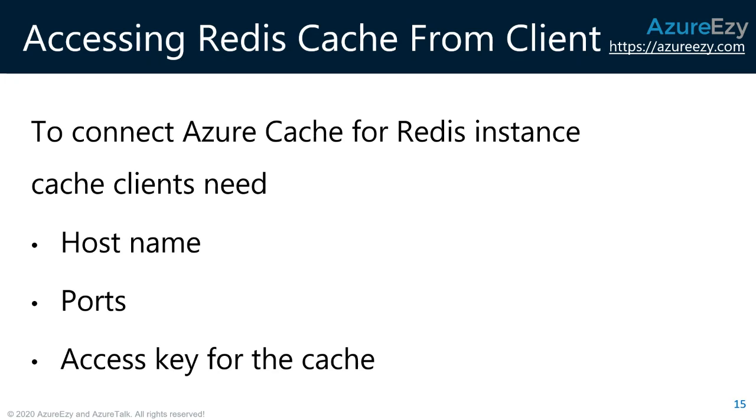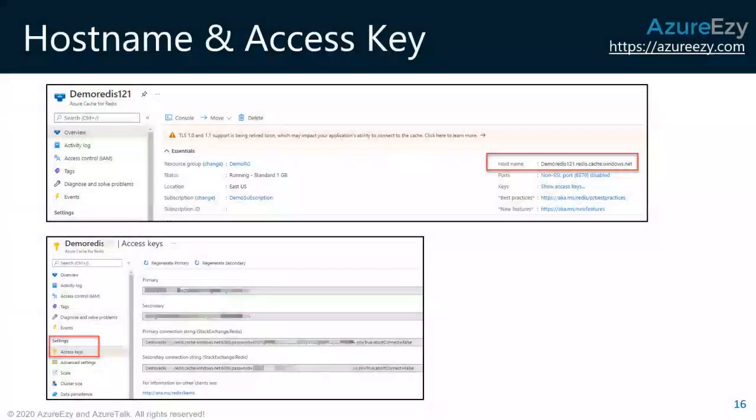How will you get this information? The moment you deploy Redis cache in Azure, you can see it in the Azure portal after deployment. Once you open this Azure Redis cache, in the overview section of that service, on the right hand side, you will see an option called host name. This is the host name that you can use. Then you see the option called keys as well.